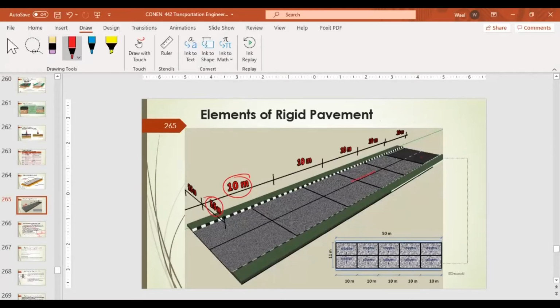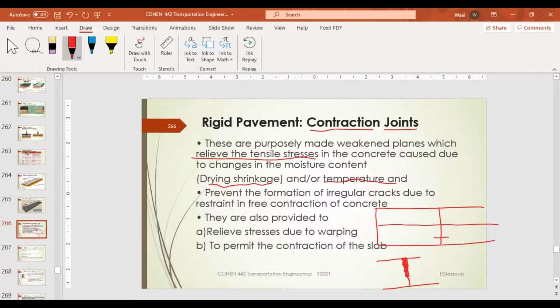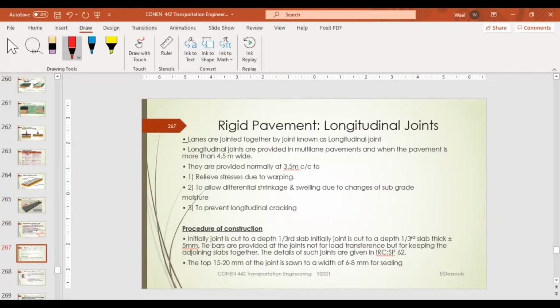If we have one lane here, we make a longitudinal joint in this part. These joints are provided in multi-lane pavement, and if the pavement width is more than 4.5 meters, they are provided normally at 3.5 meters center to center, which is almost the lane width.